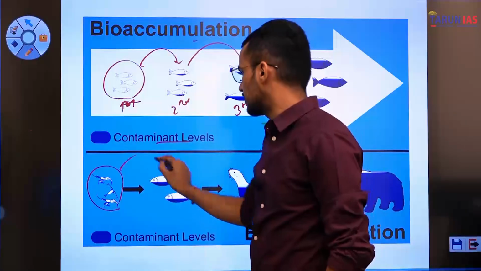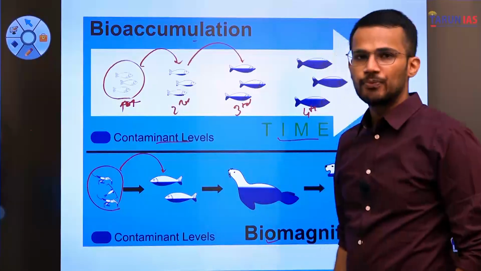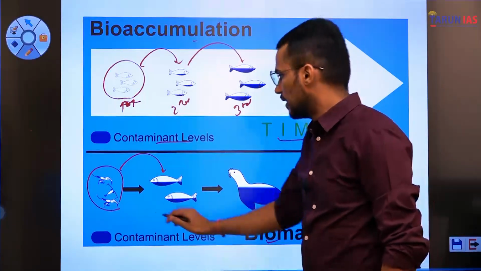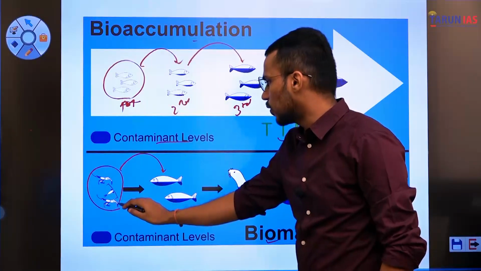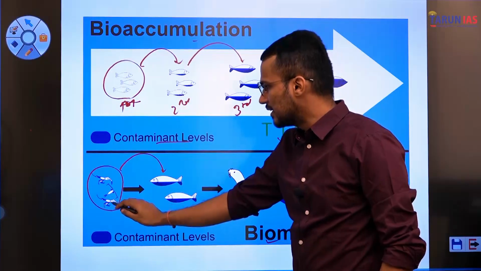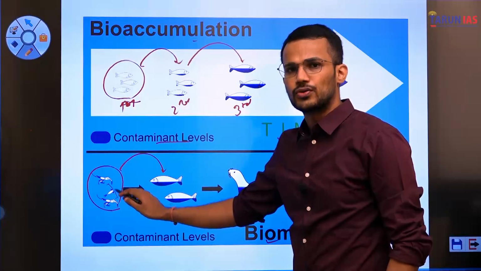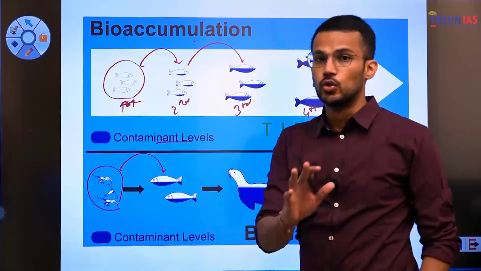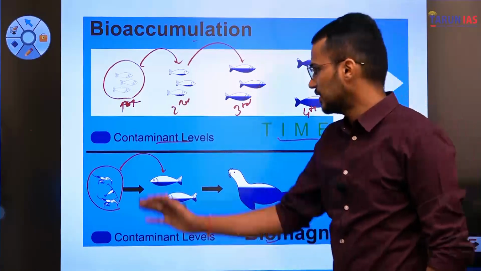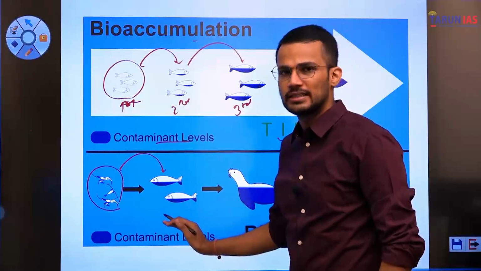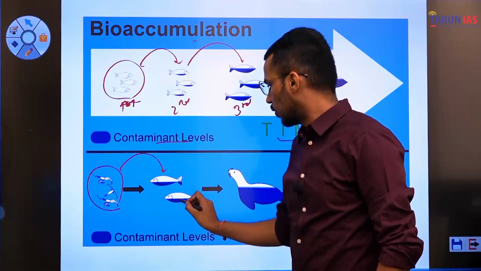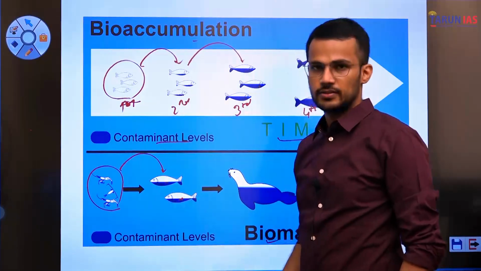These crustaceans are being consumed by fishes. Initially, the concentration of contaminants inside the body of crustaceans is quite low. But as these crustaceans are being consumed by these fishes, the concentration has increased.